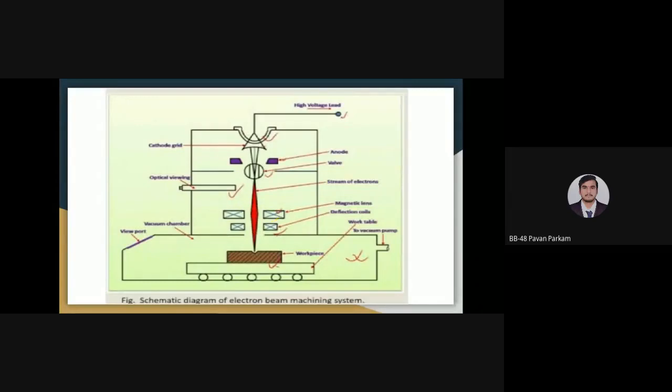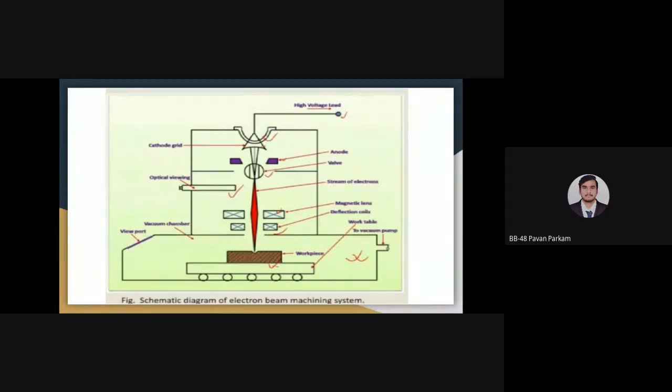The working principle of this magnetic lens is that it concentrates all the beams into a certain point. That means all the scattered electron beams will be concentrated using this magnetic lens. That is the function of this magnetic lens.